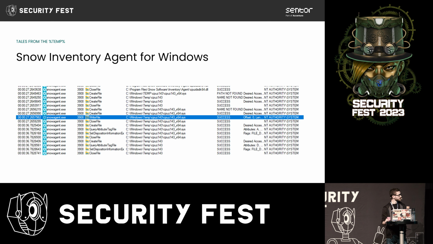So this is how it looks in Process Monitor when it's done the right way. After dropping that DLL, you can see that it checks for the driver. If it doesn't exist, it creates a folder, copies the driver, loads the driver, removes the driver, and removes the folder.